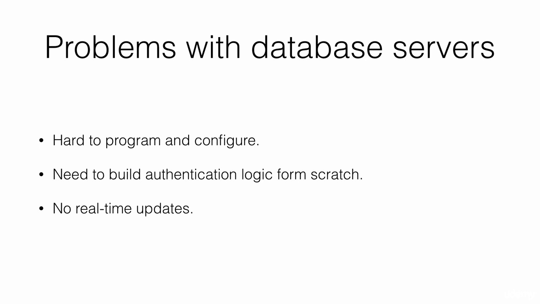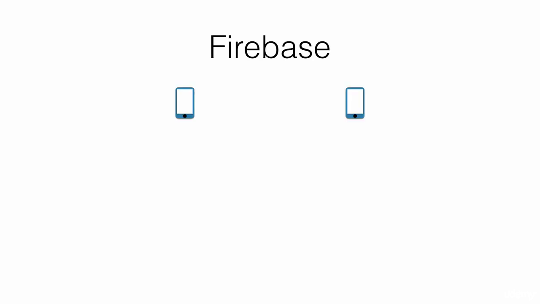You need to constantly keep refreshing your application or website to know whether you got a new update in the database or not. That is another big disadvantage of traditional database servers, and Firebase addresses all these concerns in an extremely good manner. So let's go ahead and learn how Firebase actually works.